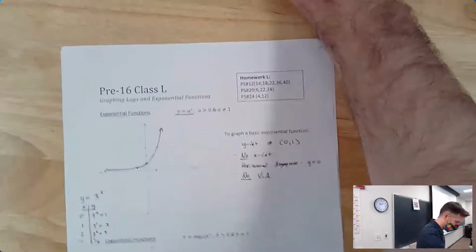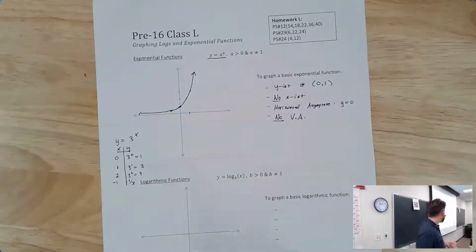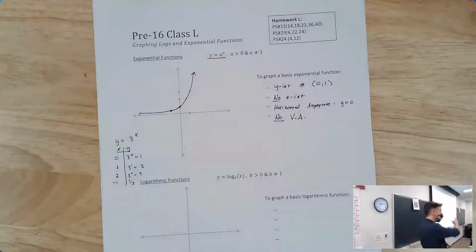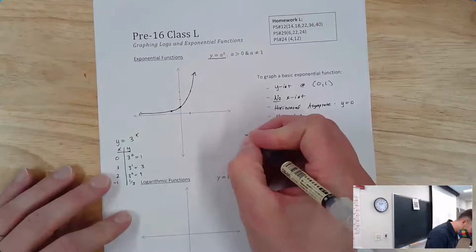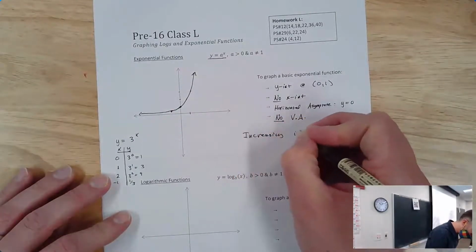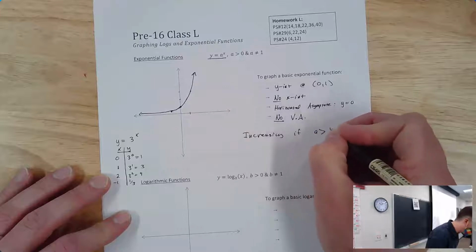Exciting times in class. A few other things to be aware of. This function is always going to be increasing from left to right, just meaning the y value is getting larger and larger. It's going to be increasing if the base is greater than 1.